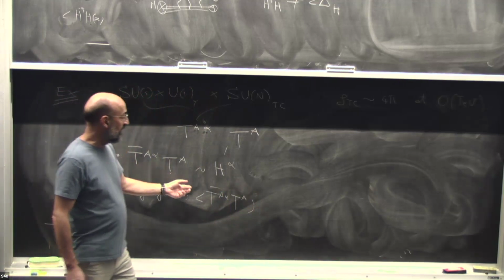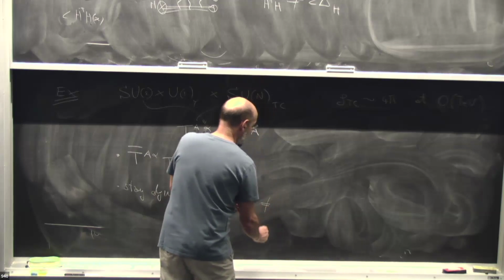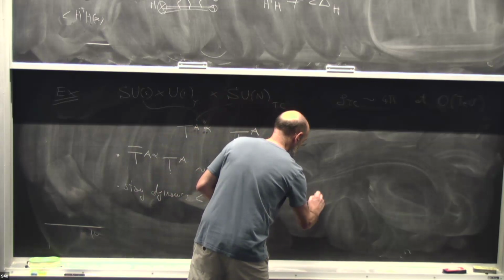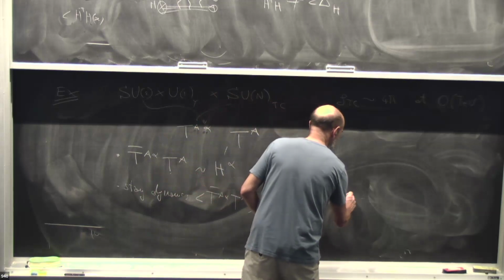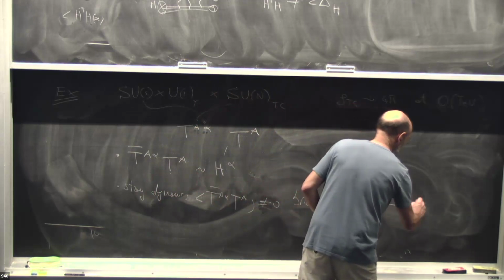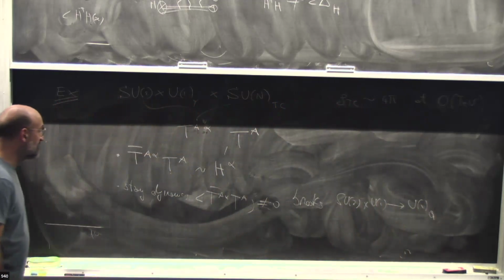So this expectation value, if it's nonzero, spontaneously breaks SU2 cross U1 down to the electromagnetic charge. So you realize precisely the breaking that you have in the standard model.